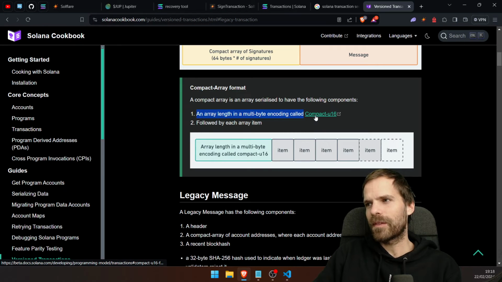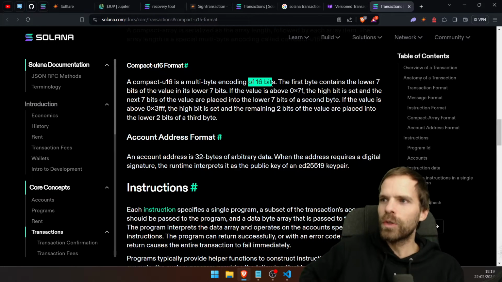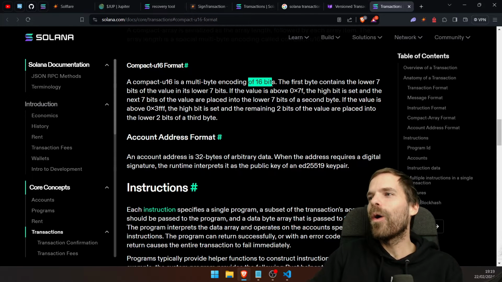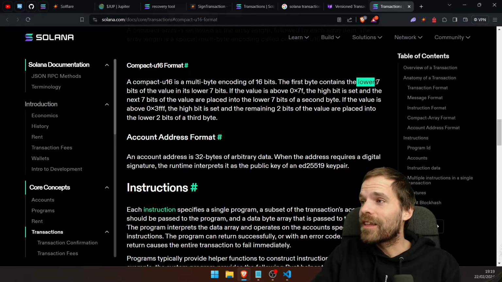Okay, maybe I'm messing up the multi-byte encoding. A compact U16 is a multi-byte encoding of 16 bits. By the way, 16 is 2 times 8. Oh, and there's the thing with the 7F. Right, I remember. The first byte contains the lower 7 bits of the value.